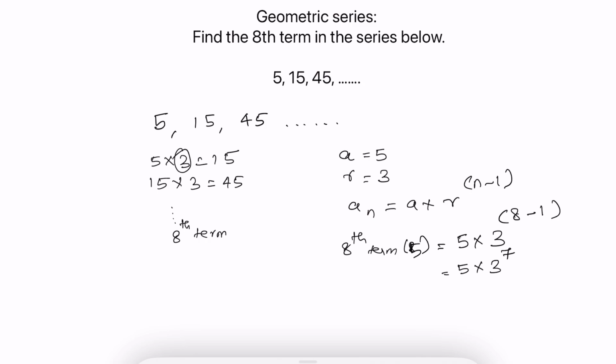Now if we solve this, it is equal to 5 into 3 into 3 into 3 into 3 into 3 into 3 into 3. Let's say it is equal to 5 into, 3 3s are 9, 9 3s are 27, 27 3s are 243, 243 3s are 729, and 729 3s are 2187.